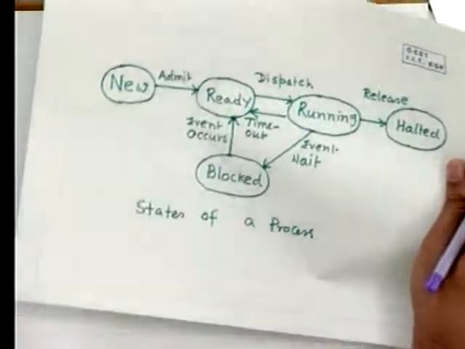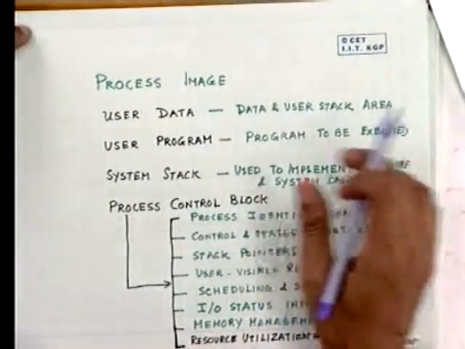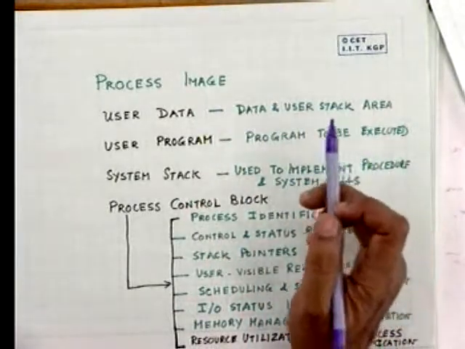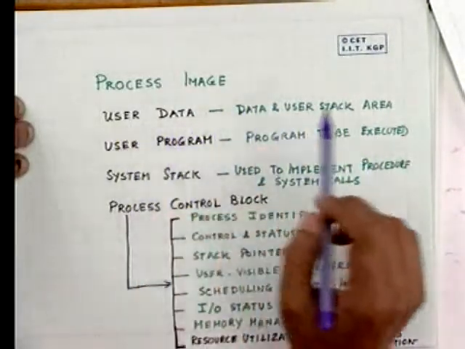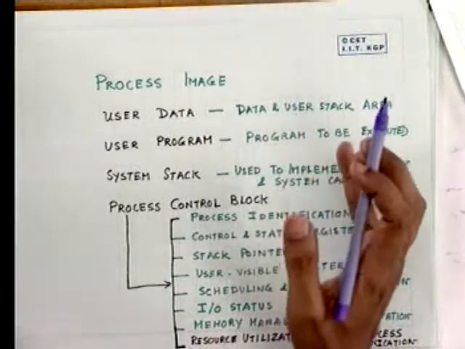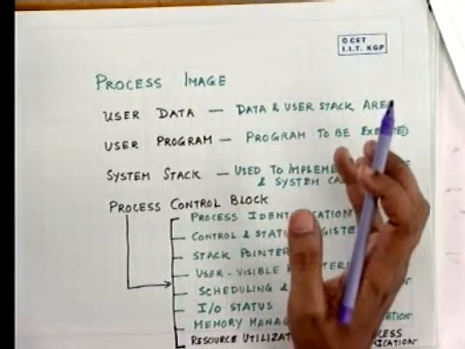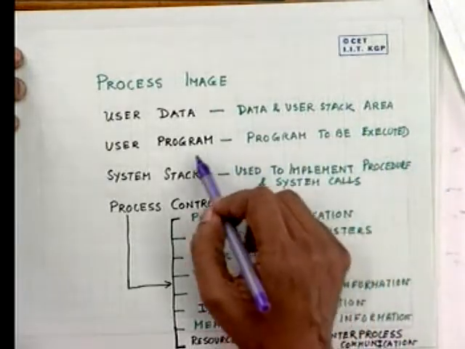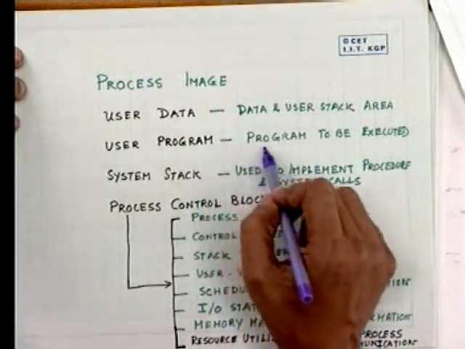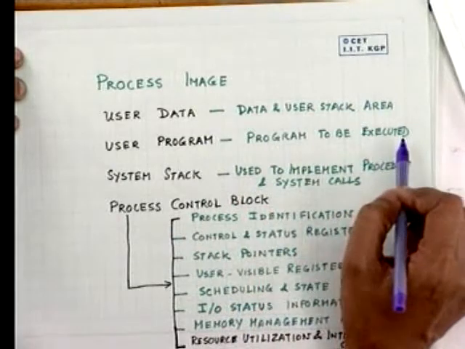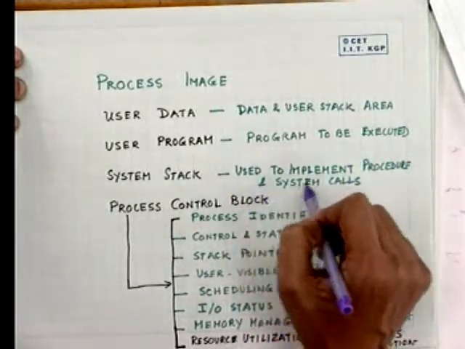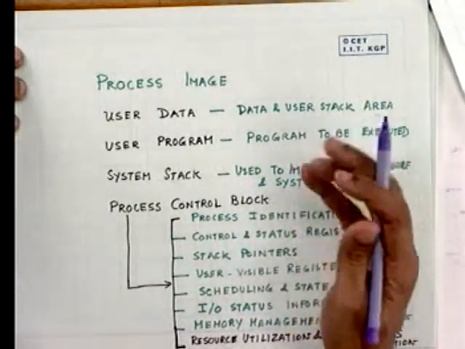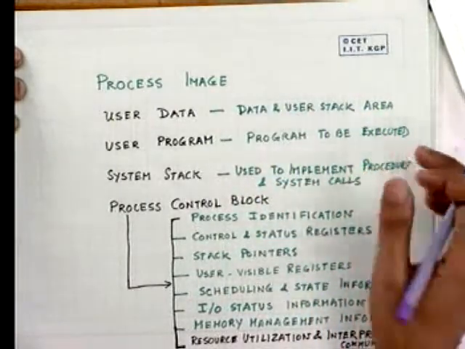Typically, a process image will have the following information: the user data, which will contain the data required for execution of the program and some user stacks. Then the program area, that is the program code that is being executed. Then there are some system stacks which are used for implementation of the procedure calls.